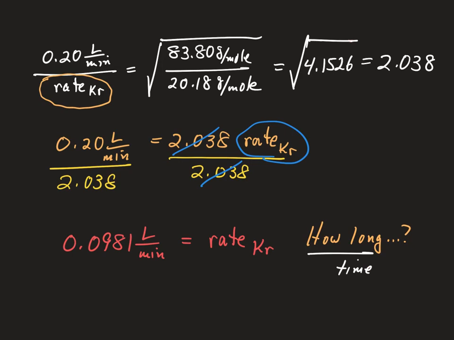Well, if you remember, we expressed our rate at which neon escaped initially as 1.0 liter in 5 minutes.